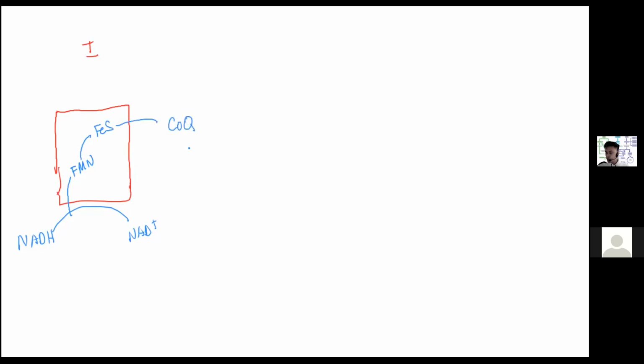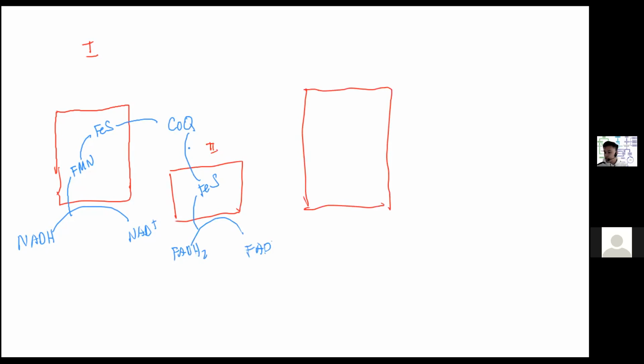So you have complex 2. What enters in complex 2? You have your FADH2. FADH2 is converted back to FAD, and then the electrons are passed on to iron sulfur proteins and then to CoQ. And then CoQ will pass it on to your complex 3. Correct?